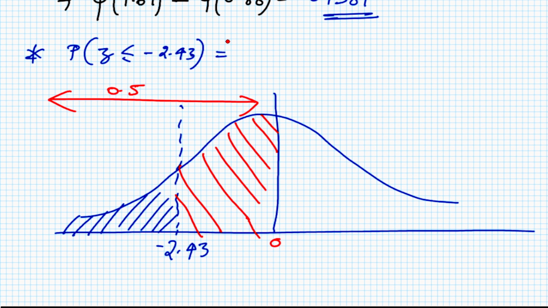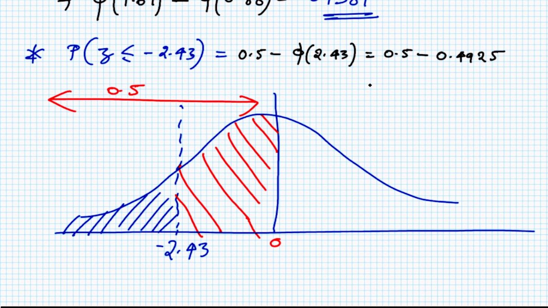So your answer should be 0.5 minus phi of 2.43. So that is 0.5 minus, when you look at the table and you obtain the value phi of 2.43, I think we get 0.4925.